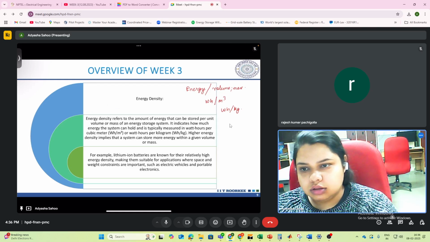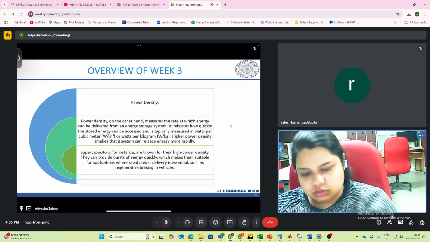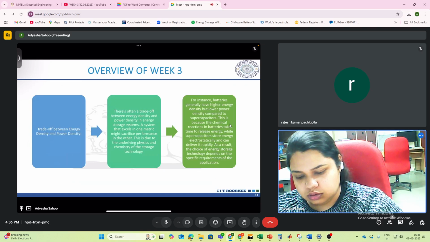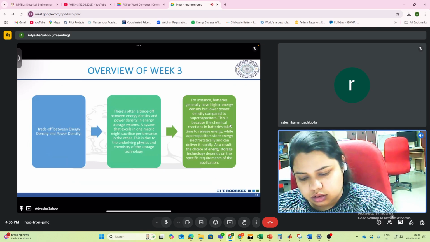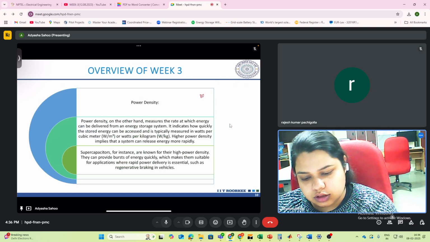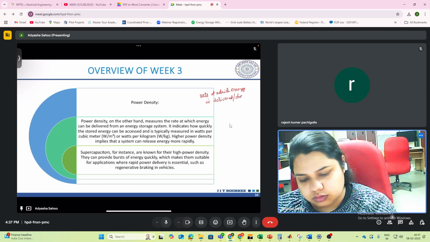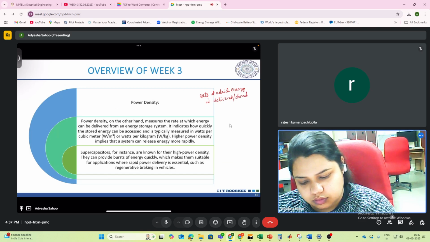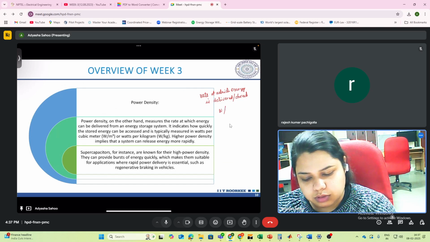The next thing is your power density. Similarly, power density is basically the rate of change of energy. It is the rate at which energy is delivered or stored. Its unit is watt per meter cube or watt per kg.